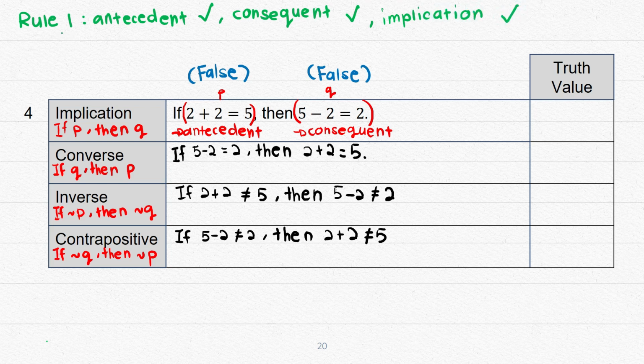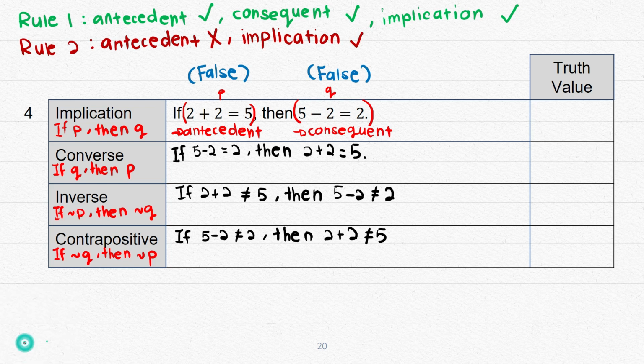Meanwhile, rule number 2 says that if the antecedent is false, then the implication will automatically be true.